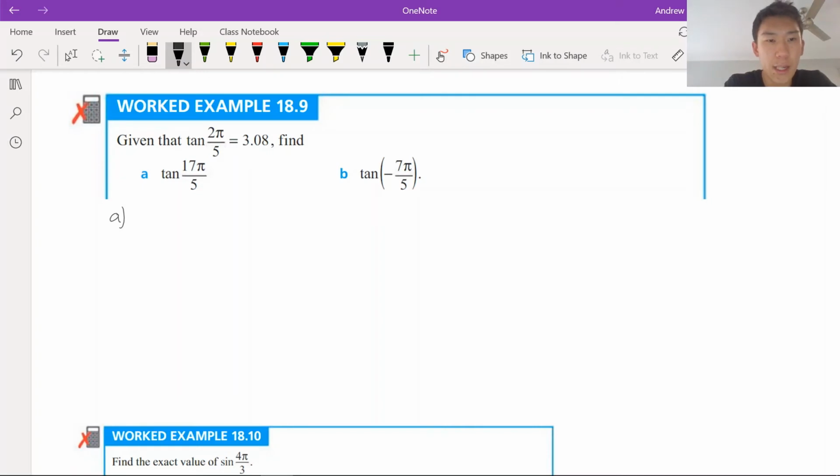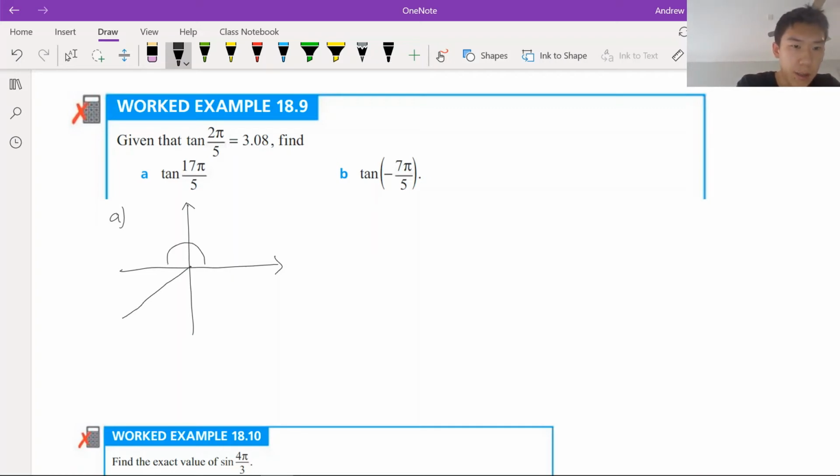So let's locate 17 pi on 5 first. 5 pi on 5 is pi, 10 pi on 5, 17 pi on 5. So basically there's 3 lots of pi plus 2 pi on 5, which is here.